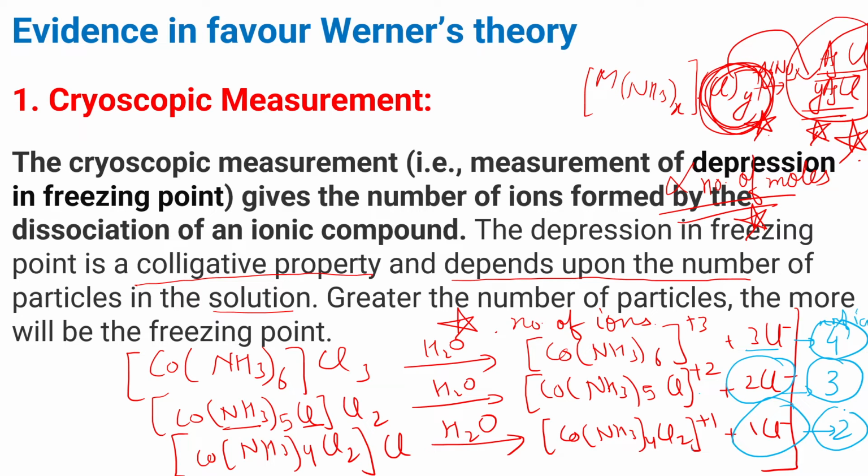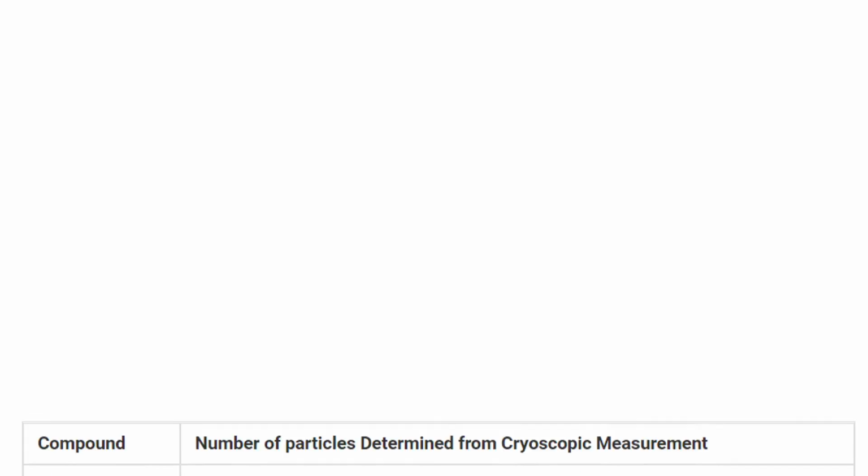So their depression in freezing point will be different, because you know that delta Tf is directly proportional to the number of moles of ions, or number of particles. So here the depression in freezing point will be different because we are seeing different numbers of ions dissociated. That's how he provided the evidence.